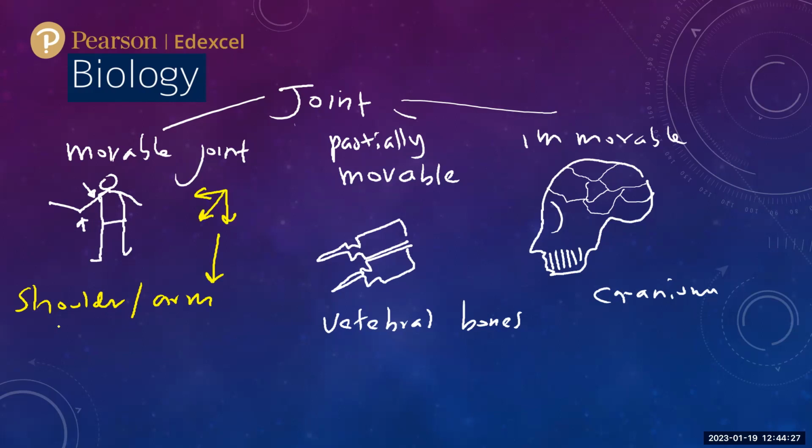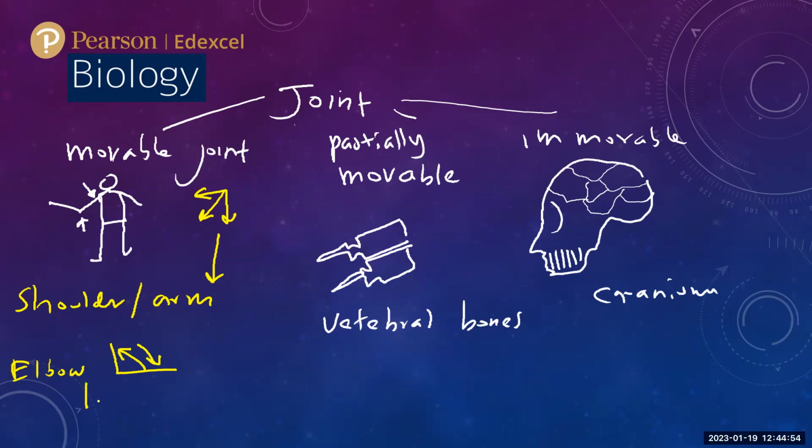But if you take the elbow, mostly we can move this way or this way. It's like a door, right? Elbow is like a door. It can move like 90 degrees or a bit more in 2 directions.